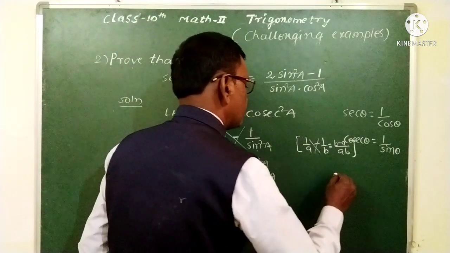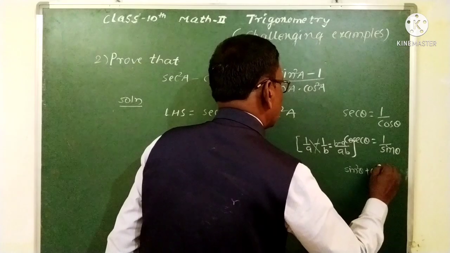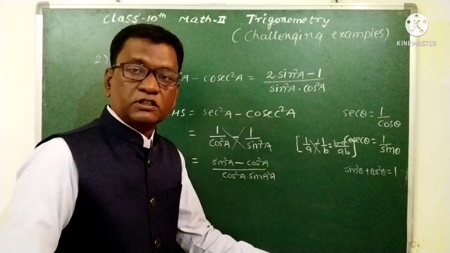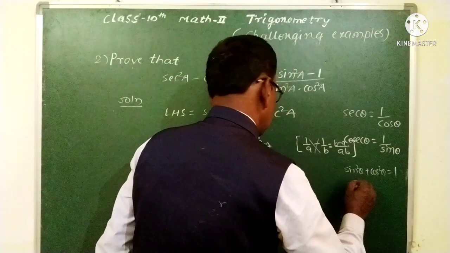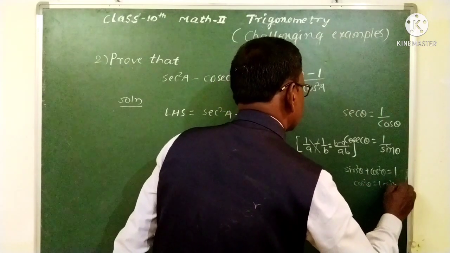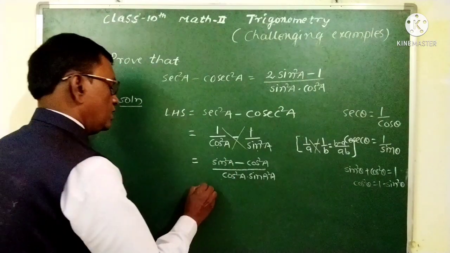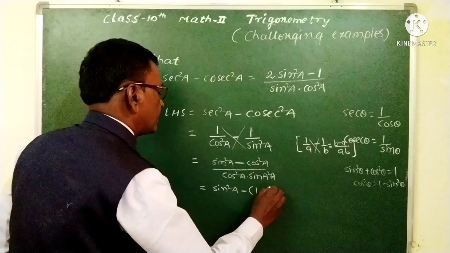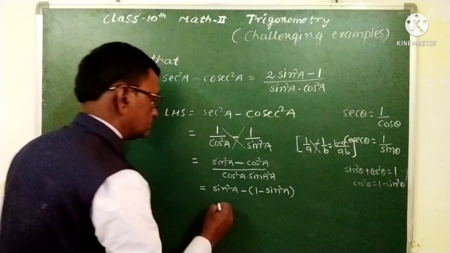We have one formula, sin square theta plus cos square theta equal to 1, a well-known trigonometric identity. From this identity, we can write cos square theta is equal to 1 minus sin square theta. So instead of cos square A, we can write 1 minus sin square A for this formula.